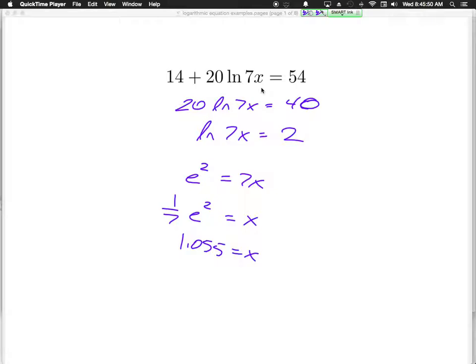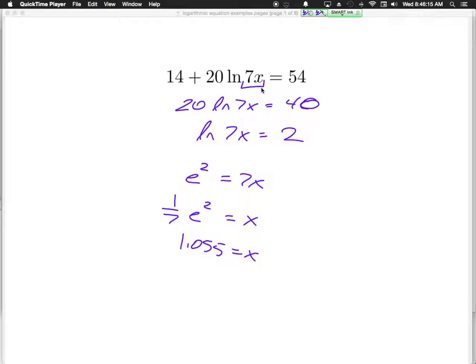1.055 equals x. Now when we're solving log equations, we have to check our answers. What do we need to make sure our answers don't do? The inside of the log cannot be negative. So I need to plug my answer back in and make sure it doesn't produce something that's negative.